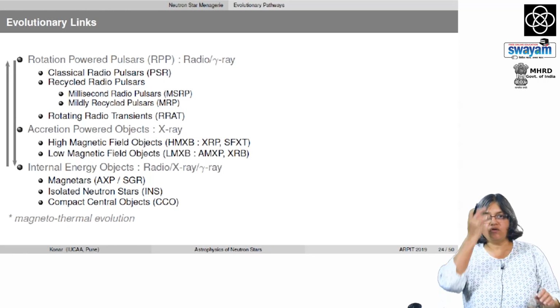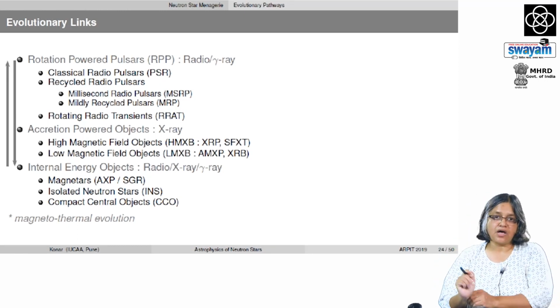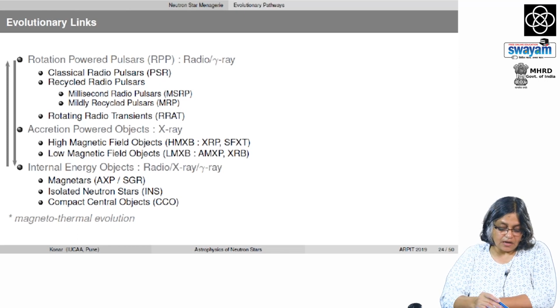So, what are the evolutionary links between different classes of neutron stars? This is the understood, established and confirmed link between rotation powered pulsars and the accretion powered objects. We have seen how neutron stars are processed in X-ray binaries.